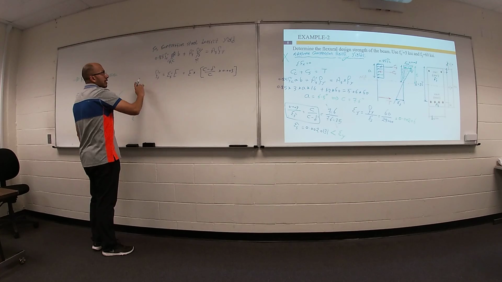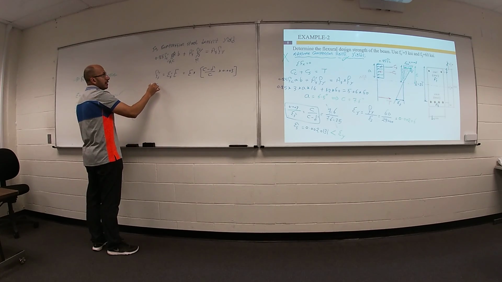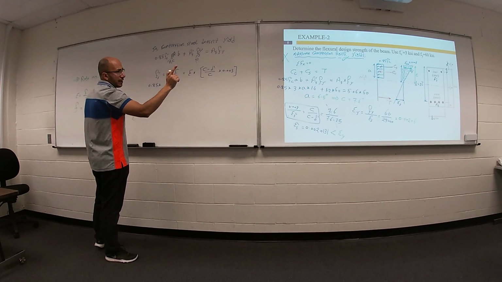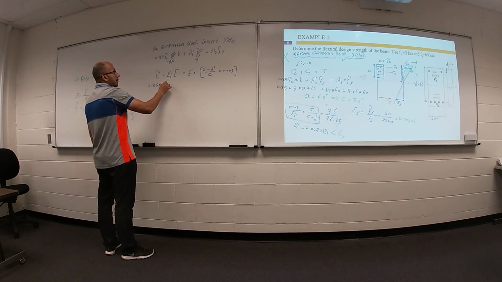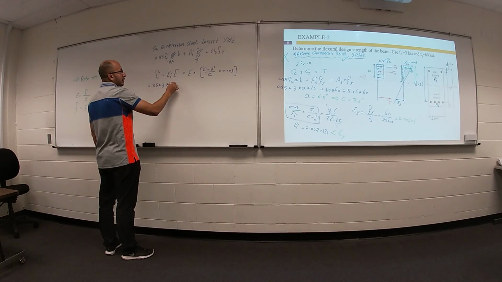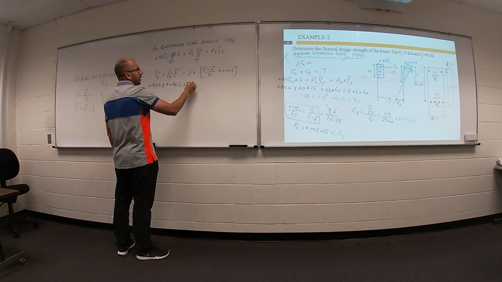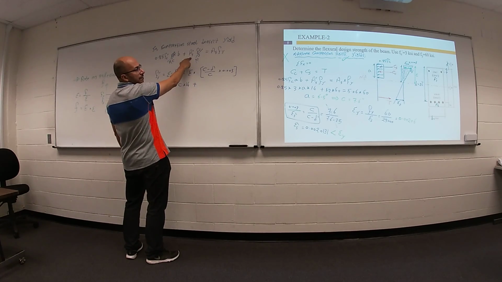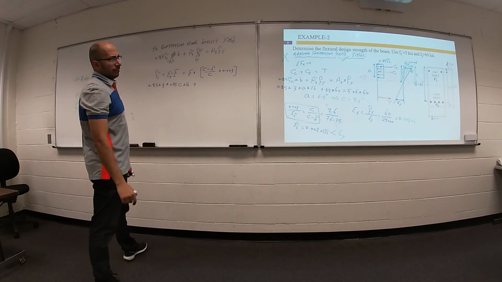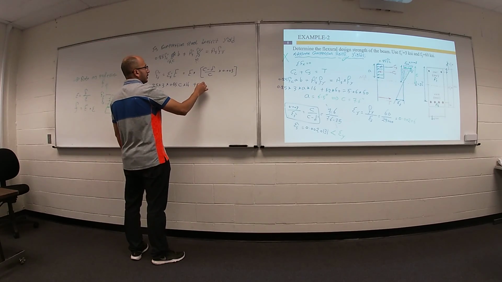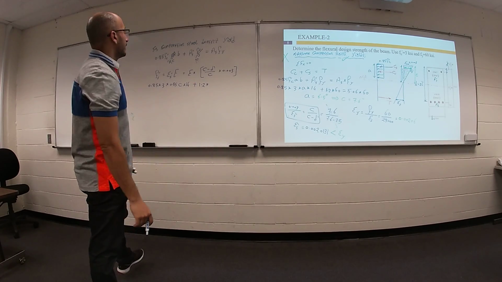So your equilibrium equation will be 0.85 times f'c 3, beta 1 0.85, c I don't know, b 14, plus area of steel prime 1.2. That's right? Yes.